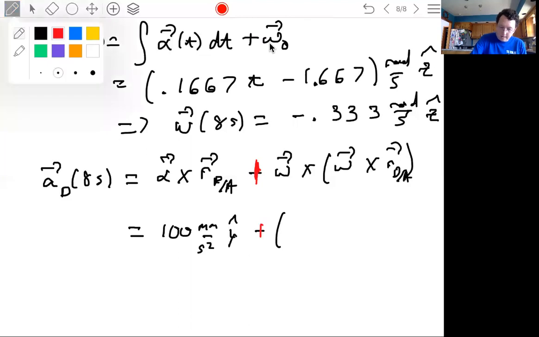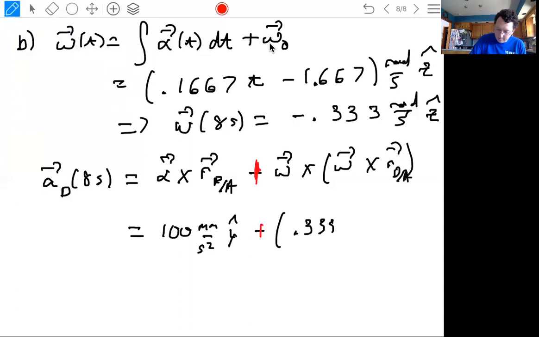And then I'm going to get 0.333 squared, 1 from each factor of omega, times 600. And then the unit vector stuff is going to be exactly the same as before, because omega still points in the, sorry, in the z direction.